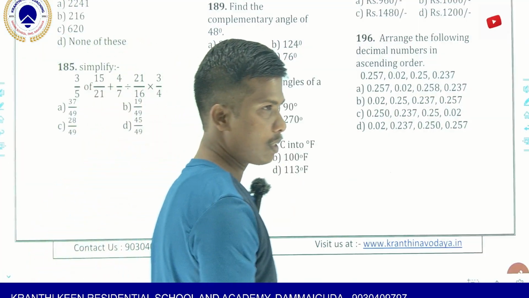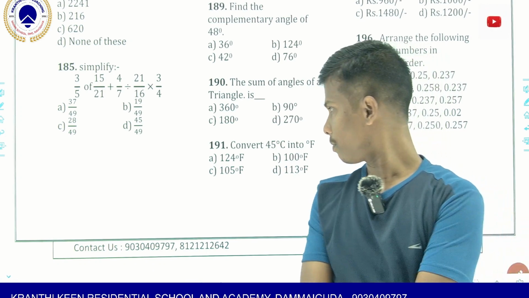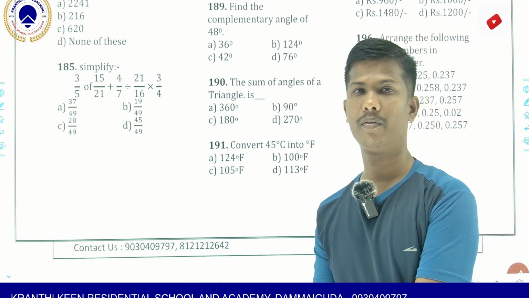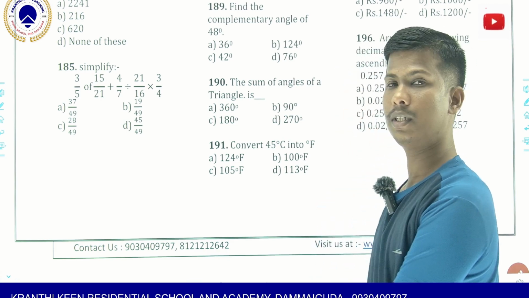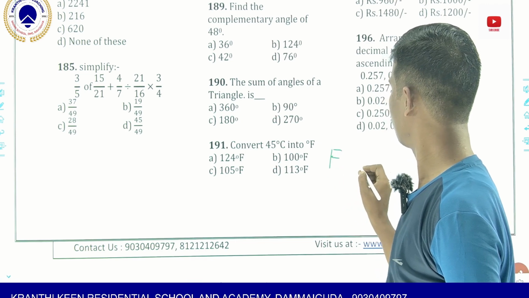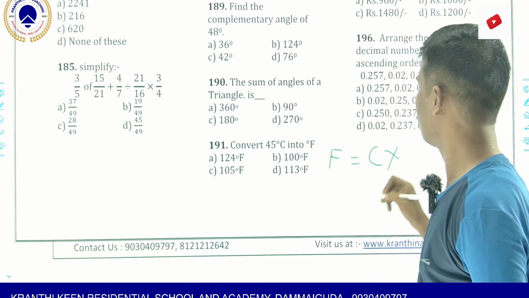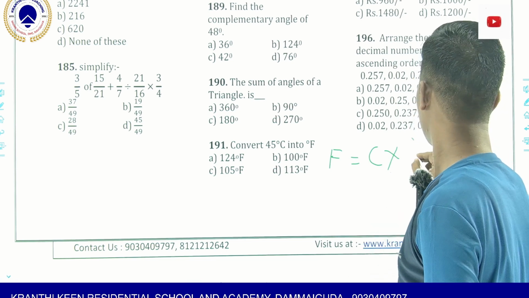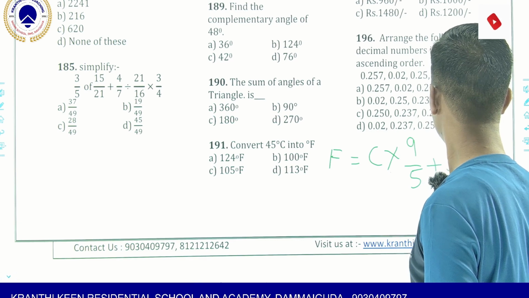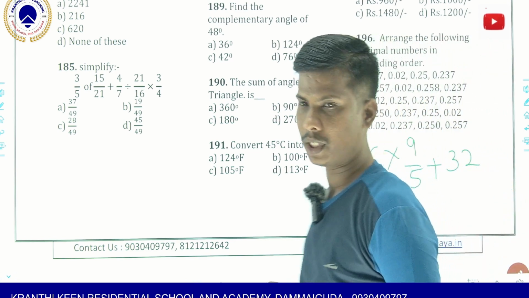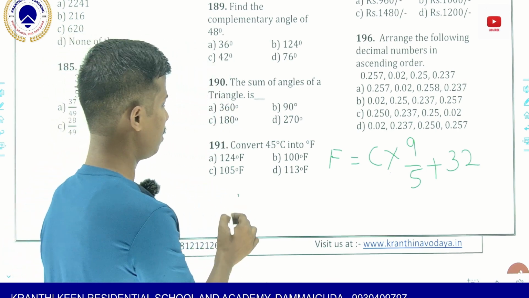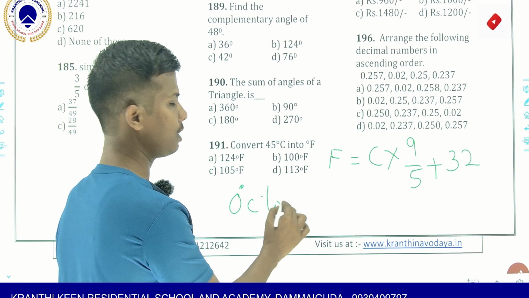This is a typical problem where you have to convert 45 degrees Celsius into Fahrenheit. To convert, there is a formula: Fahrenheit is equal to C into 9 by 5 plus 32. We have two scales, one is the Celsius scale and another is Fahrenheit. The Celsius scale goes from 0 degrees Celsius to 100 degrees Celsius.